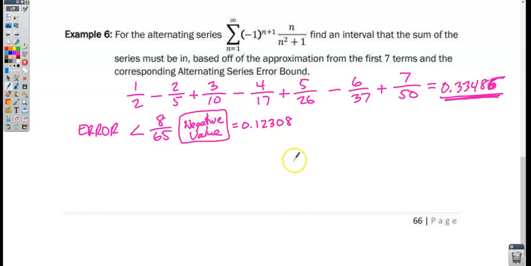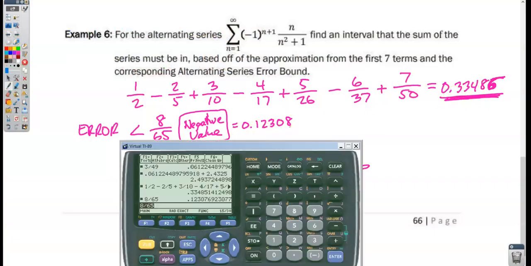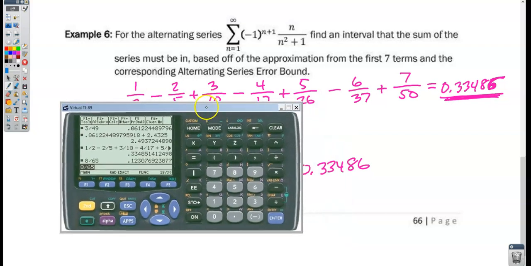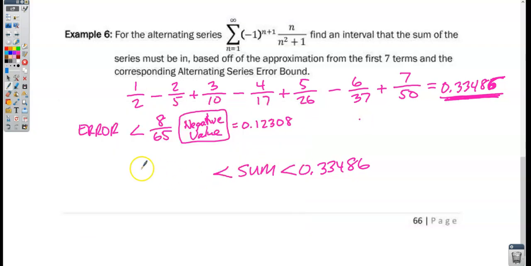this is going to be the upper boundary of my interval. And so the sum has to be less than that, and it has to be more than this minus the error. And so I'm going to take this minus the error, and I get 0.21177.